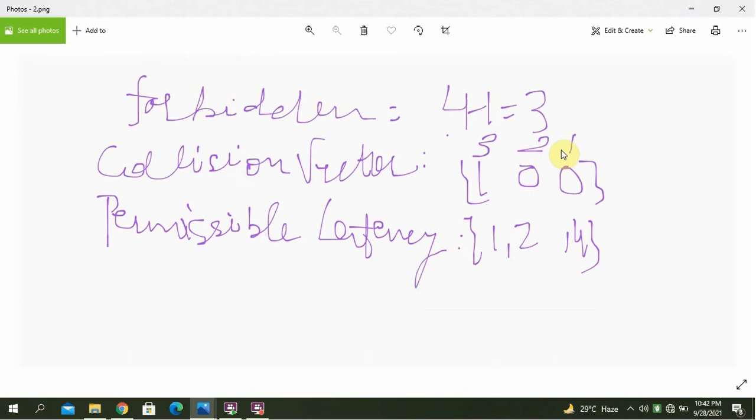That is collision vector C1, C2, C3. Here the forbidden latency is 3, so put 1 in C3, otherwise 0. And the permissible latencies are 1, 2 and 4.